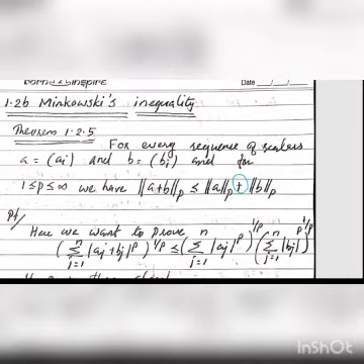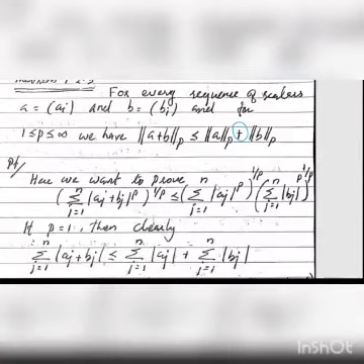Thus, when you expand this, we want to prove that (sum over j equal to 1 to n of |a_j plus b_j|^p) whole thing raised to 1 by p is less than or equal to (sum over j equal to 1 to n of |a_j|^p) whole thing raised to 1 by p plus (sum over j equal to 1 to n of |b_j|^p) whole thing raised to 1 by p.